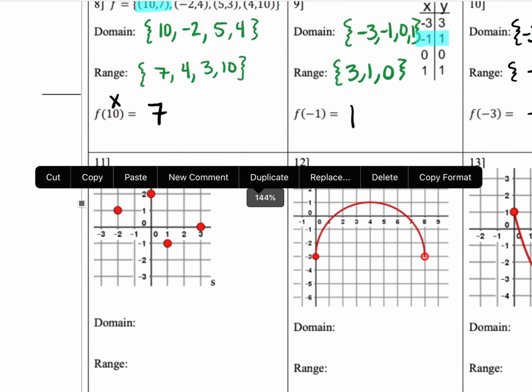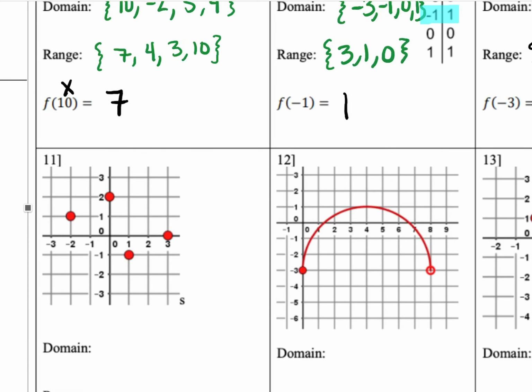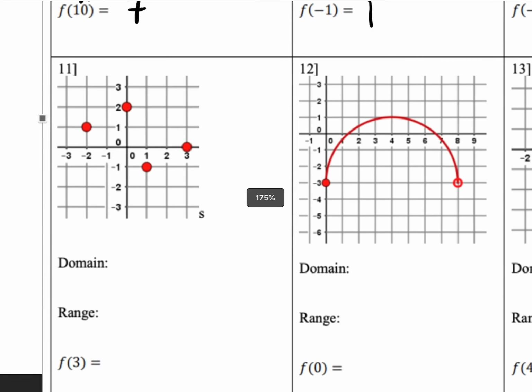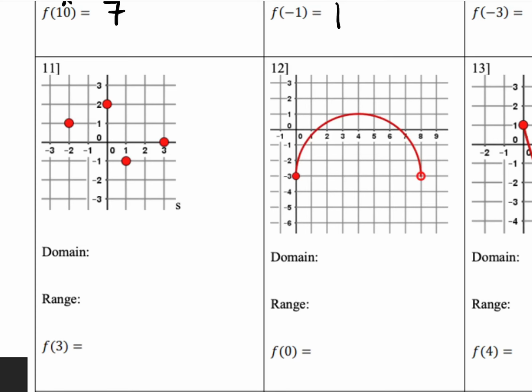For our next example, we have a scatter plot here. Now our domain, since it's just points, we're just going to list all of the x values.